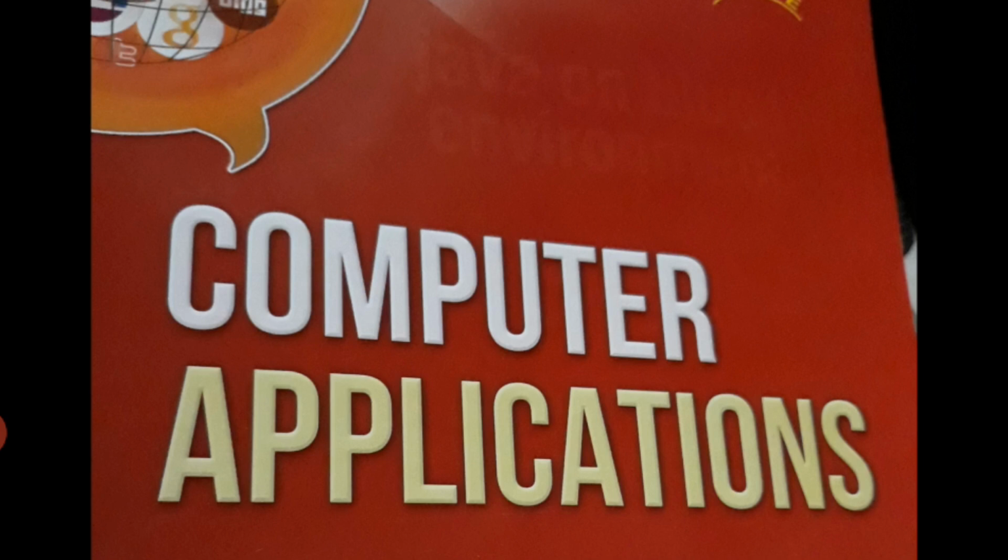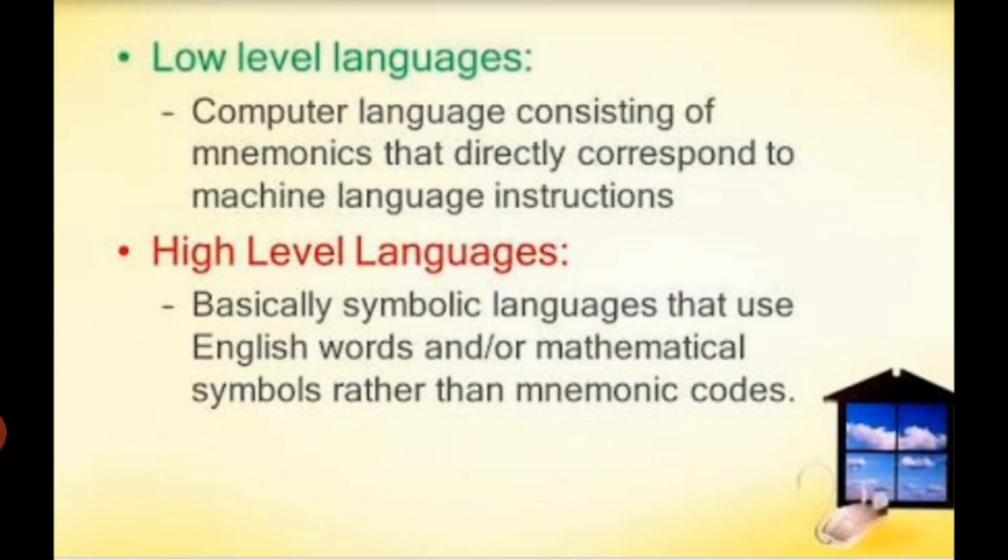Now let us start with the definition portion for these two different types of languages. The first one is low level languages. Low level languages are computer languages consisting of mnemonics that directly correspond to machine language instructions. Now I'd like to go into more detail about the low level languages.